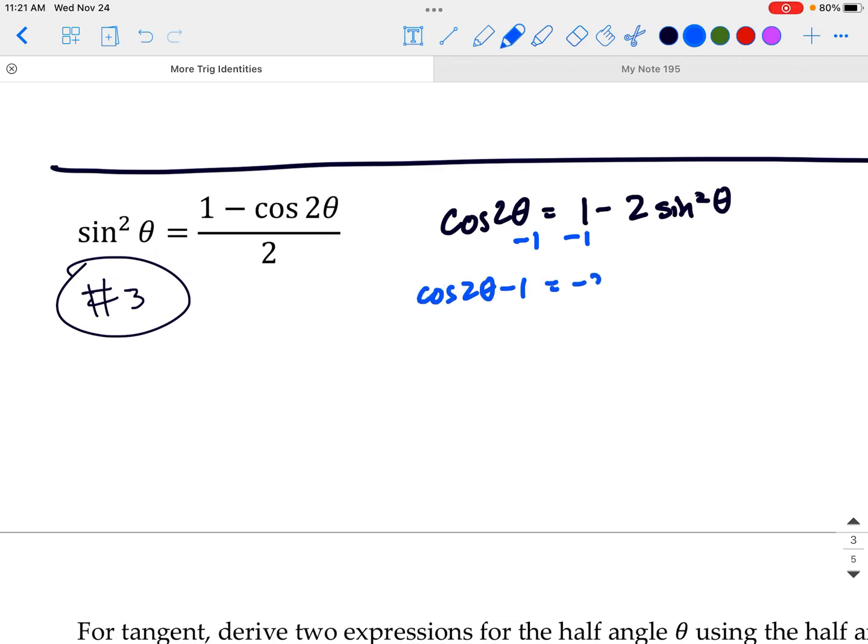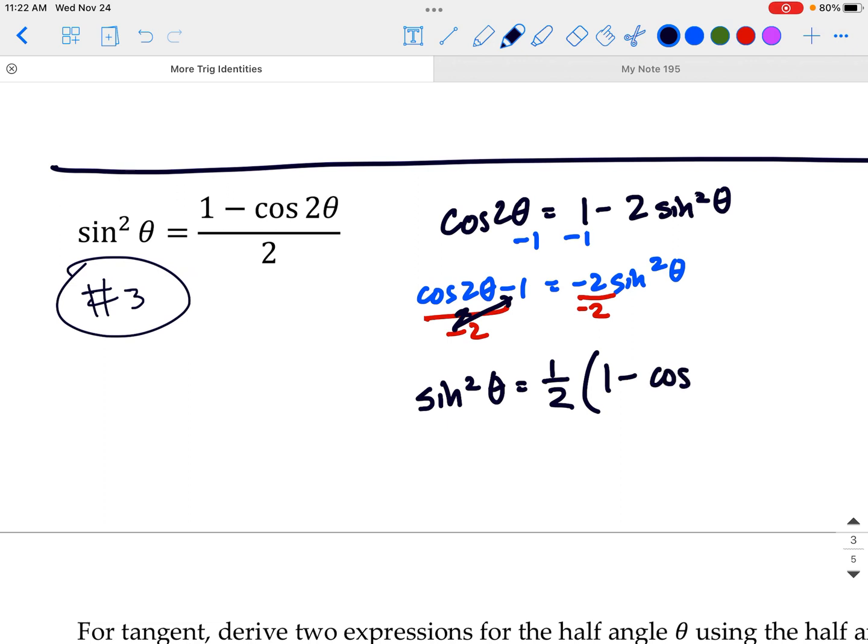So we'll have cosine 2 theta minus 1 is equal to negative 2 sine squared theta and then we'll divide by -2. And what that's going to give us is sine squared theta equals, I'm going to use that negative sign to swap the terms here. And then the 1/2 is still just 1/2. So it's going to be 1/2 times 1 minus cosine 2 theta.